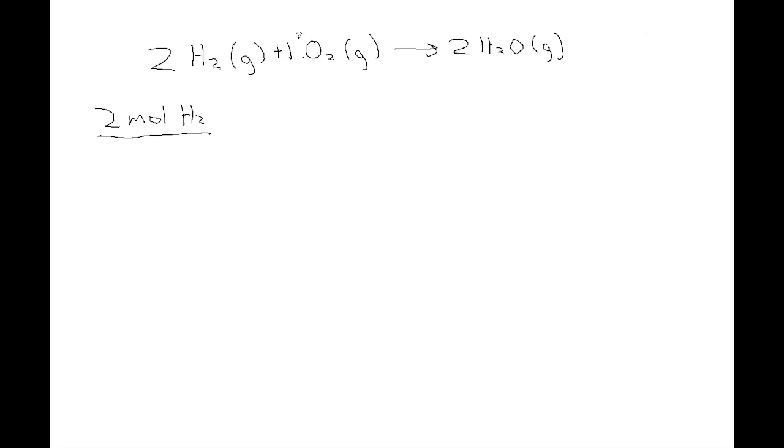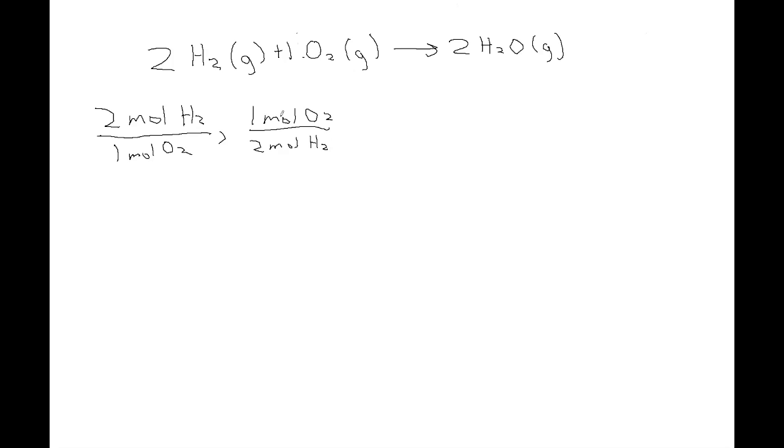And what are the units on this number? 1 mole of O2. So here's one of the conversion ratios that we can get from this equation. And then obviously another conversion ratio we could get is 1 mole of O2 over 2 moles of H2.